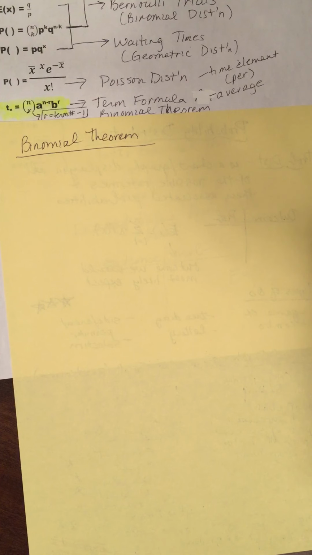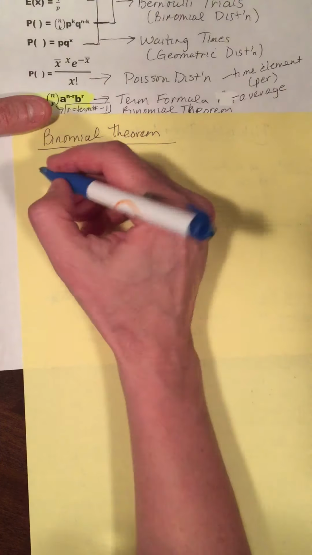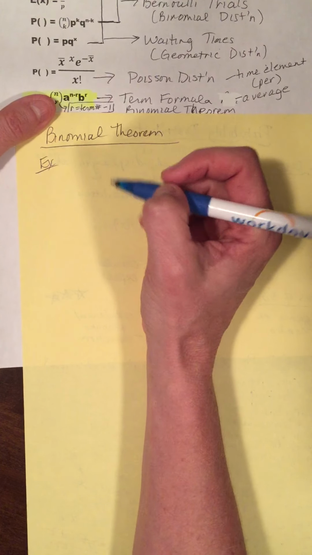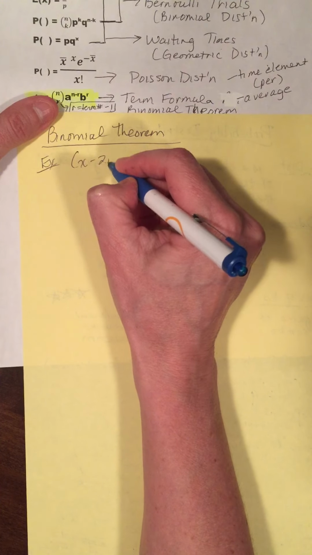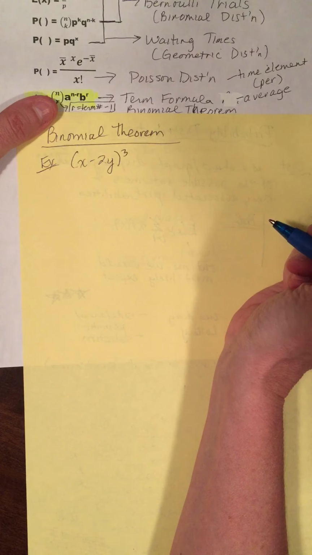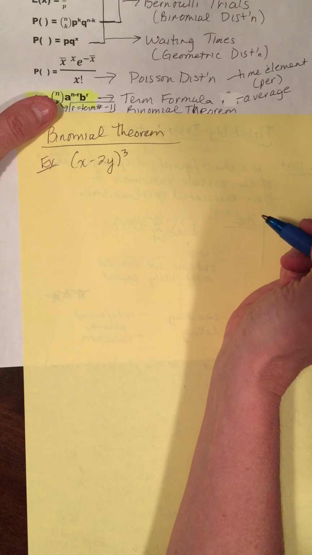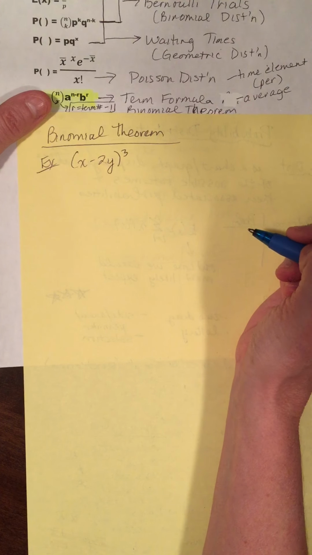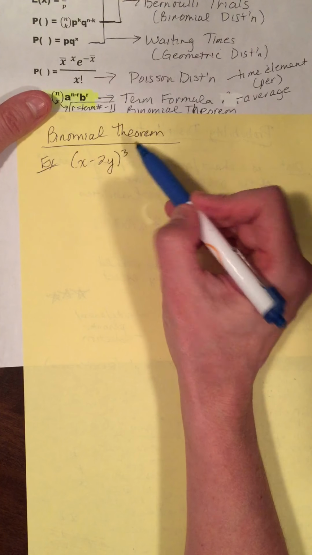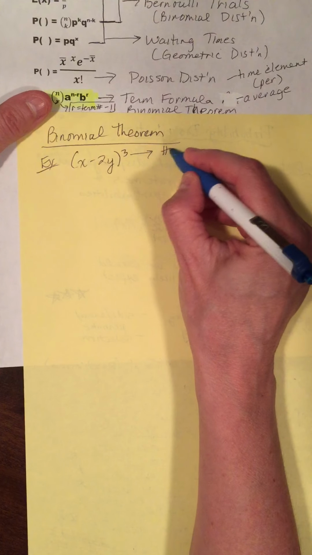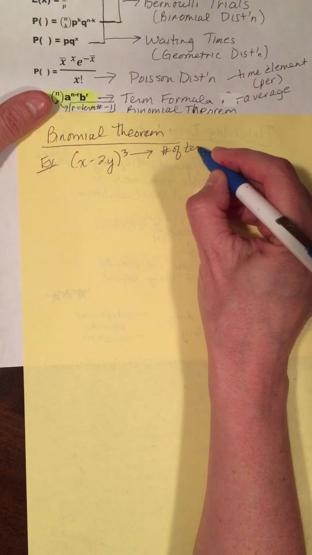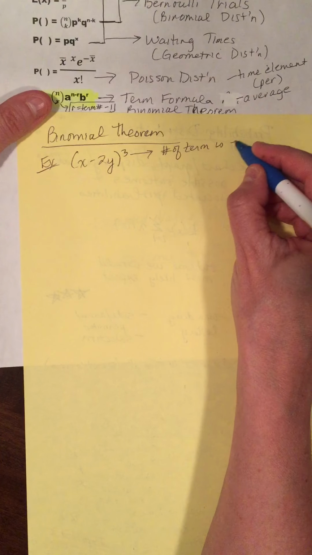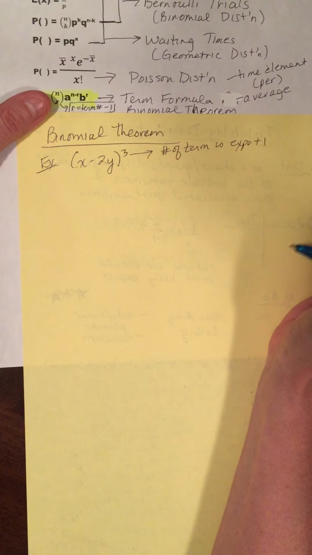And really and truthfully, with binomial theorem, the best way of putting this on our colored sheet is with an example. So I'm going to do a quick example. And I guess we can just do the whole thing, right? So when I look at the exponent, the number of terms is the exponent plus 1.